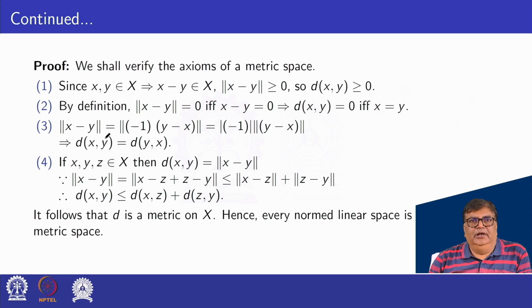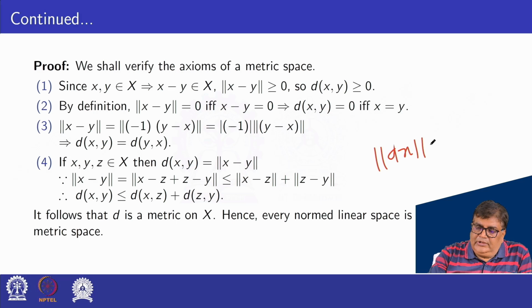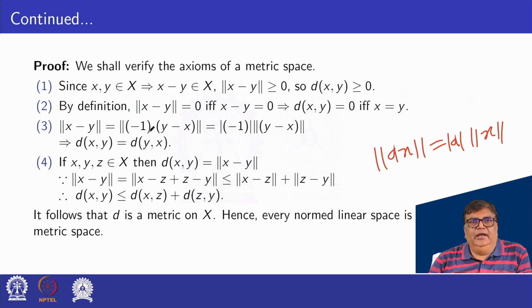Third property: norm x minus y is equal to norm of minus 1 times (y minus x), which we can write by taking the common minus 1. Applying the third property of norm, norm of ax equal to |a| norm x, here a is minus 1.